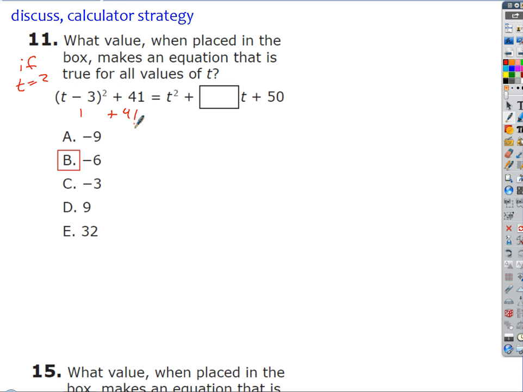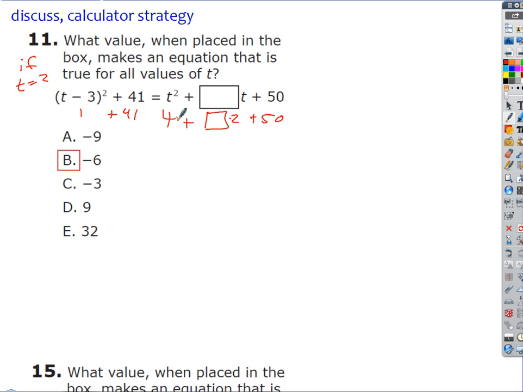Over here, we're going to get 1 plus something times 2, plus 50. But t squared, if t equals 2, how's it 1 on the right side? Oh, you're right, sorry, it's 4, minus 3. There you go. Does that make sense?